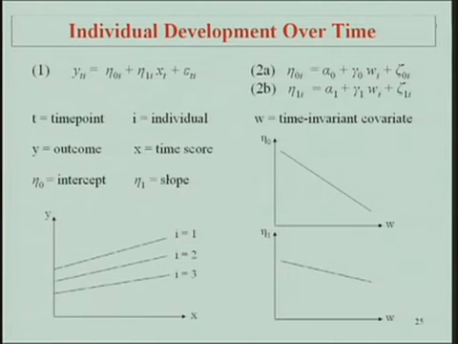Eta 0 intercept, eta 1 slope. And that is like regular regression, right? Except we usually say alpha and beta, or a and b here. But we want to emphasize the connection with latent variable modeling, where eta is used for factors.